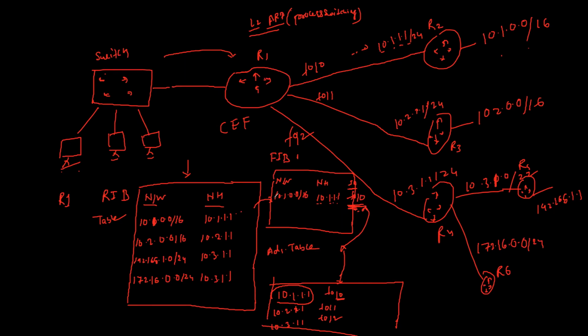But is this correct, that the router is looking in the FIB table and forwarding the packet instead of the RIB? Correct. If you have CEF enabled, definitely it is going to look at the FIB table, and through the FIB table it is transmitting the traffic. But the RIB would always be there. If let's say FIB fails, so this is the second priority. If FIB fails, then it is going to look to the RIB, else not.